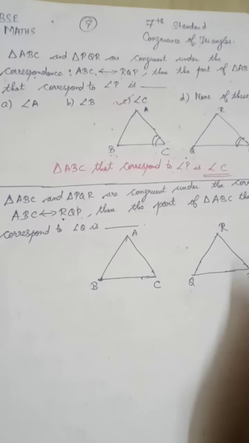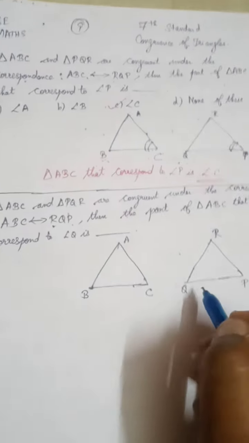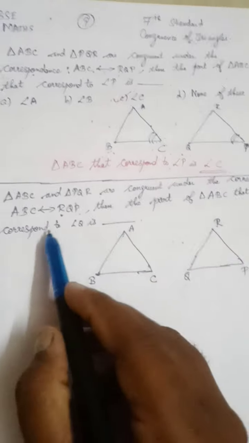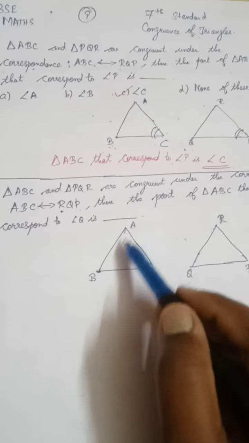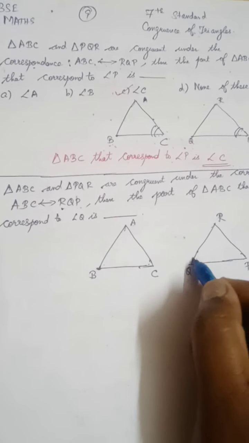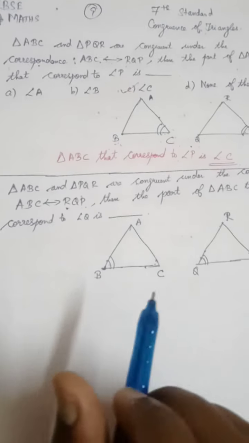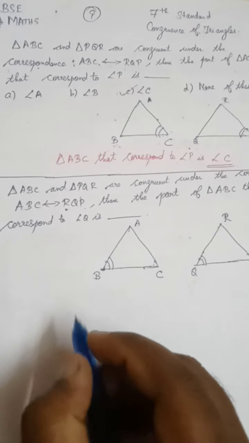Now angle Q: they are asking for the part of triangle ABC that corresponds to angle Q. That is angle B.